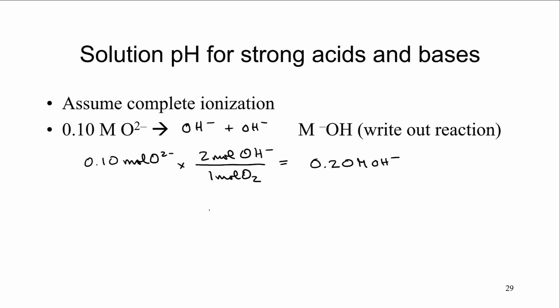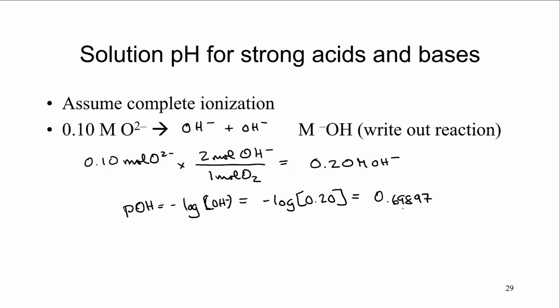So we'll get back to here and we'll calculate what the pOH is of that solution, and then we'll calculate the pH as well. So I'm going to take the negative log, pOH is equal to the negative log of the hydroxide ion concentration. So that's going to be negative log of 0.20. And that comes out to be 0.69897.